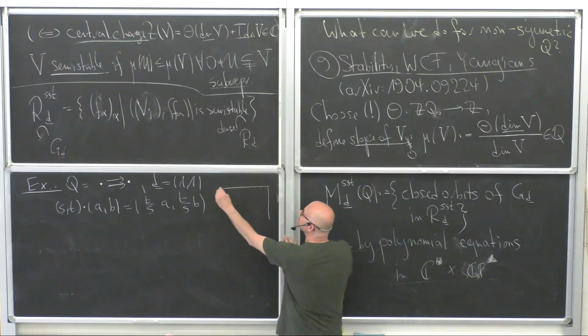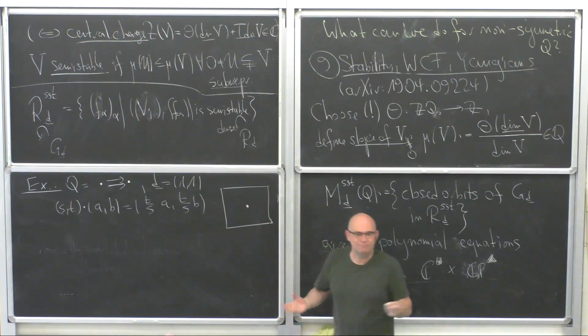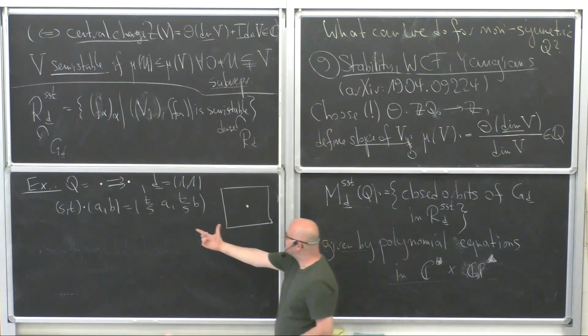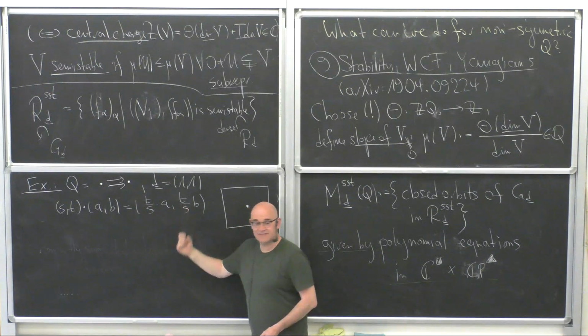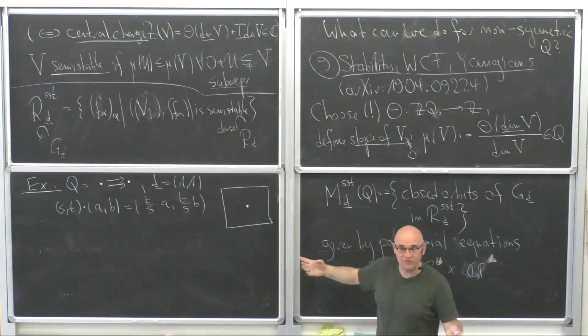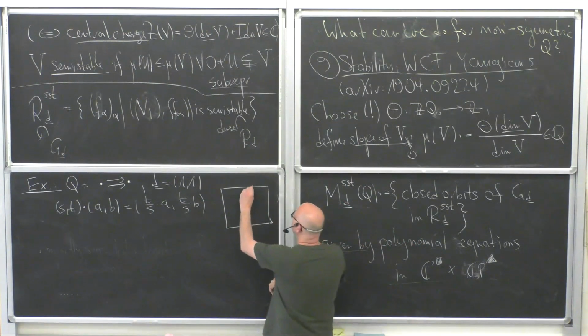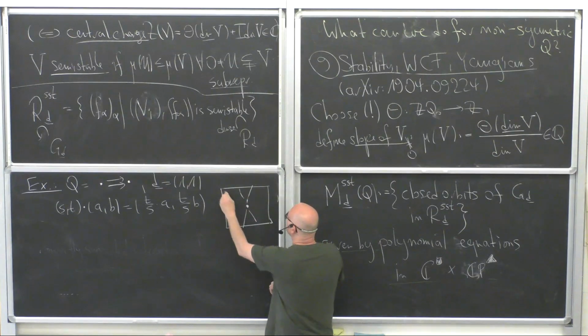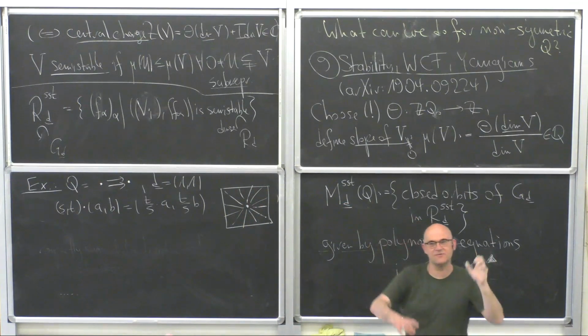Let me draw you a picture of the orbits. Well, there's one orbit, 0, and you're dilating both coordinates by the same factor. 0 is one orbit. And what are the other orbits? Punctured lines to the origin. All lines to the origin.